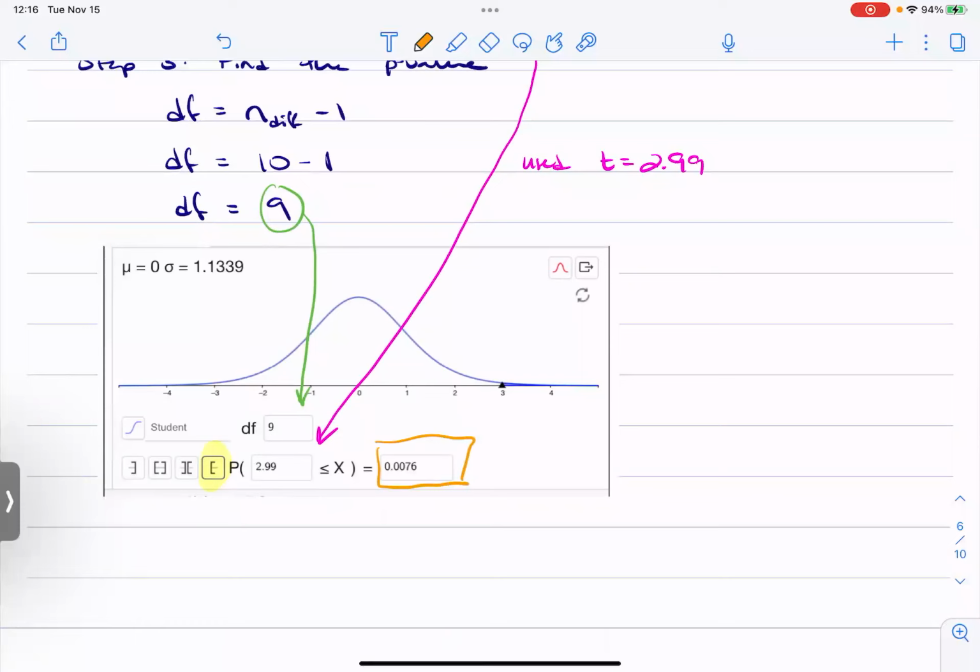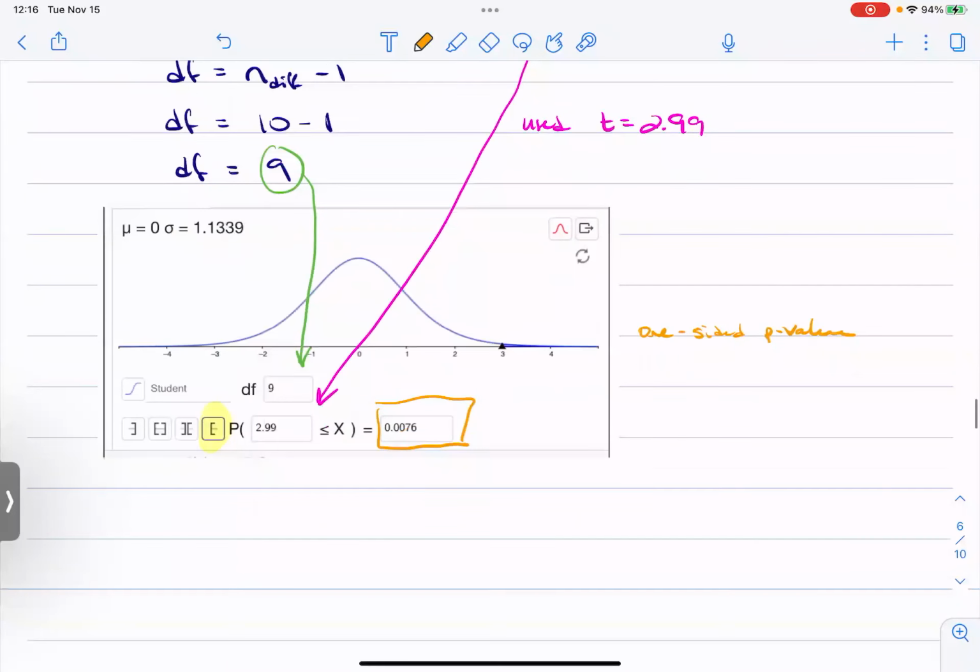Right, so then the one-sided p-value is 0.0076. And just as a reminder, we use this one since the alternative is that mu diff is greater than 0, right?